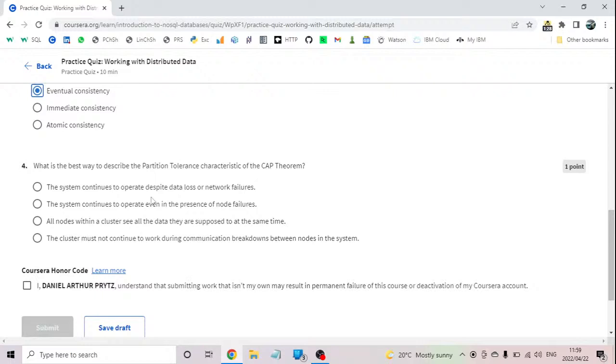And the last option, the cluster must continue to work during communication breakdowns between nodes in the system. Okay. This one I like because it has the word communication in it.